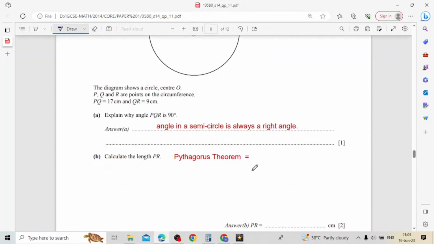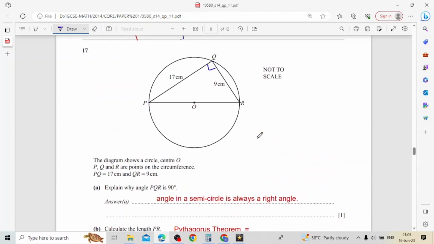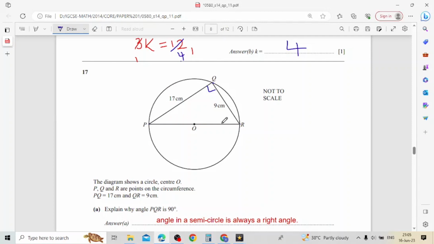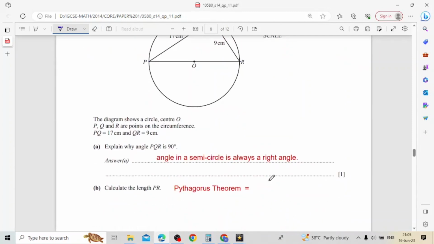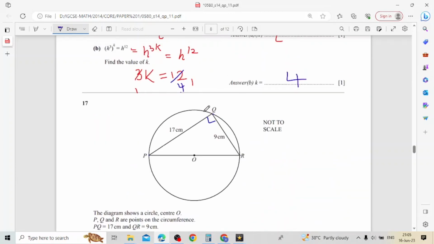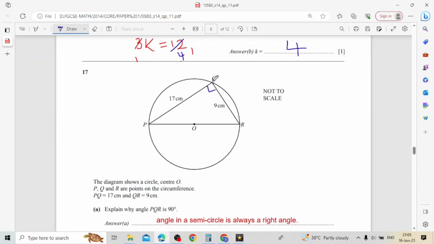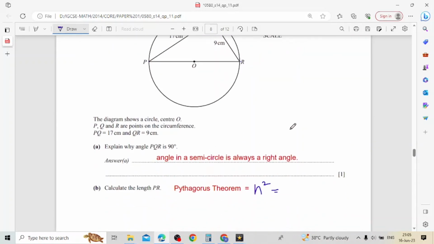Now, the Pythagorean theorem states that the square of the hypotenuse is equal to the square of the perpendicular plus the square of the base.